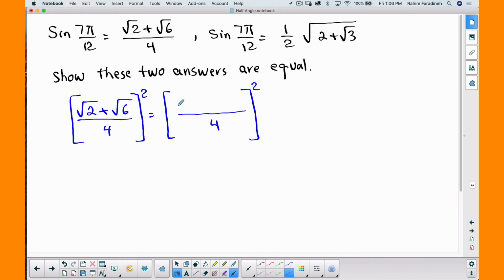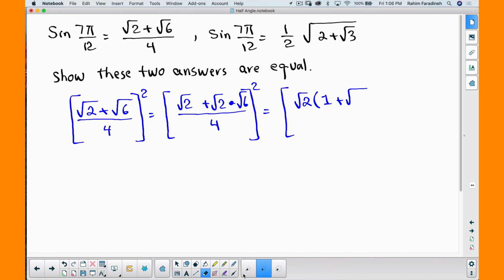Radical 2 and radical 6, I could factor out radical 2. I just made a mistake, I've got to redo this part. So I could have written radical 6 as radical 2 times radical 3.